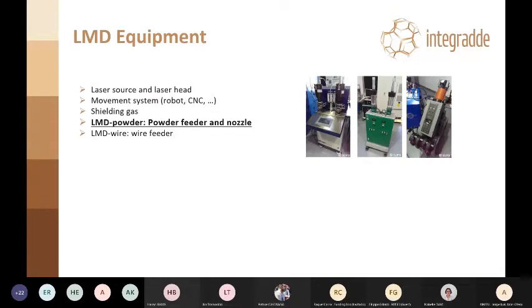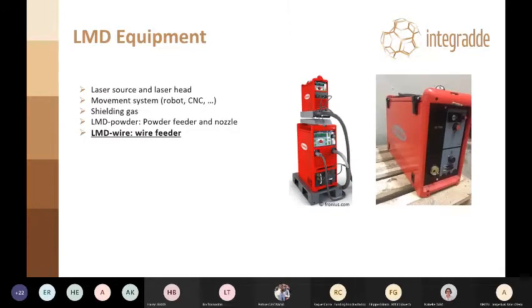For example, for high precision manufacturing, you would need a very constant powder flow that could be provided only by a very precise powder feeding system. For LMD wire, as I mentioned before, we are using conventional arc welding systems where we use this wire feed equipment to get a precise, constant wire feeding.